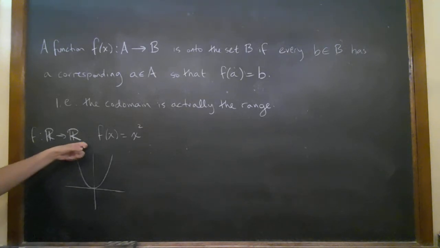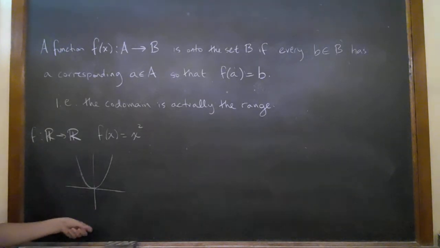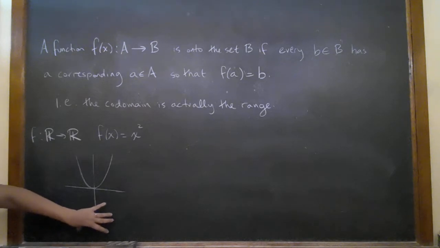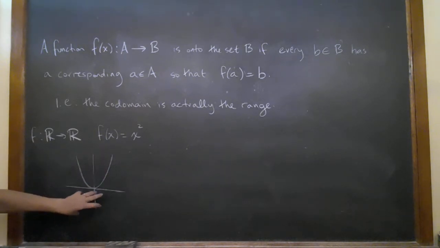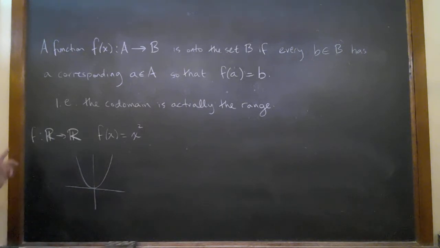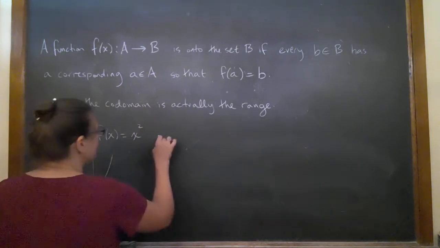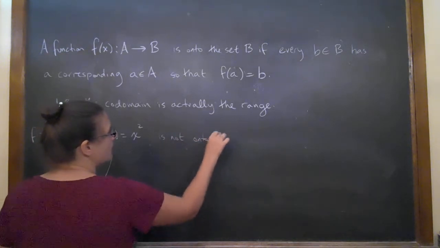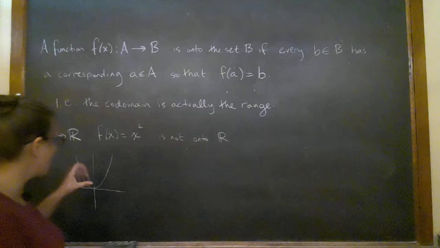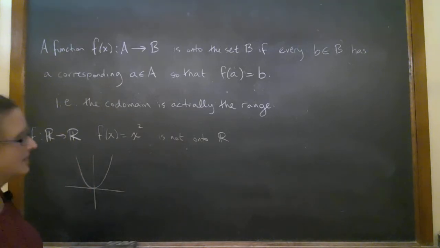Why? Because here's R, my codomain, that's this entire y-axis, and there's no points down here. All the points are up here. So if I do it this way, this is not an onto function, not onto R, because I only have the non-negatives.